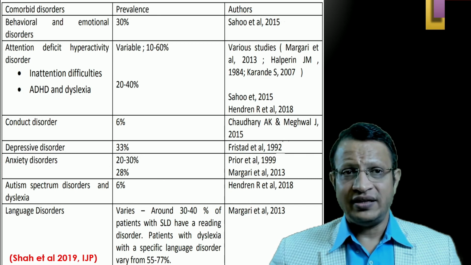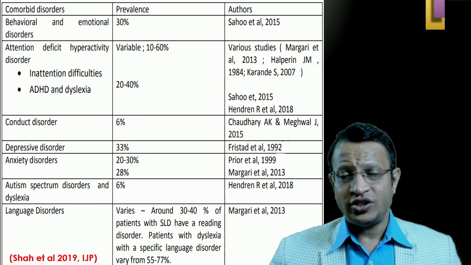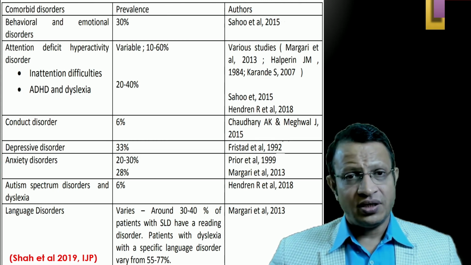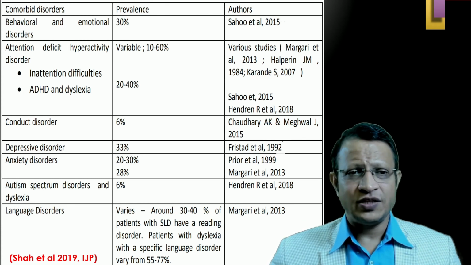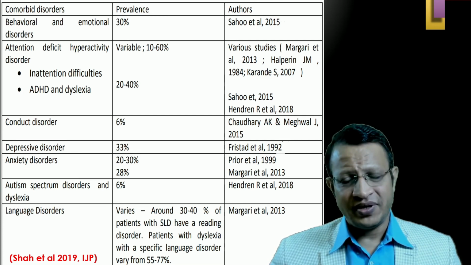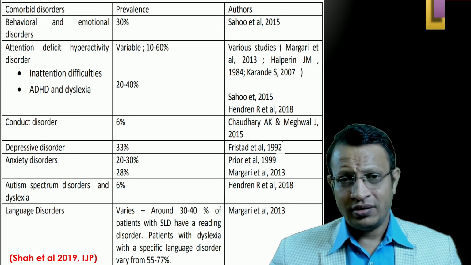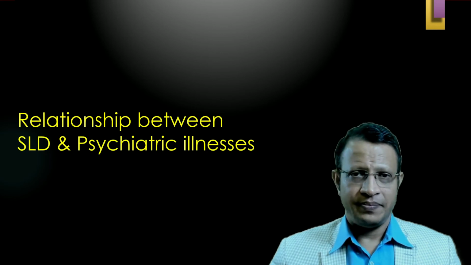Commonly, it is also seen that ADHD along with SLD is 20 to 40%, conduct disorder 6%, depression 33%, anxiety disorders varied between 20 to 30%, autism spectrum disorder 6%, language disorder varied somewhere around 55 to 70%. Invariably, if you look at all these disorders, comorbidity is the rule that you need to remember.